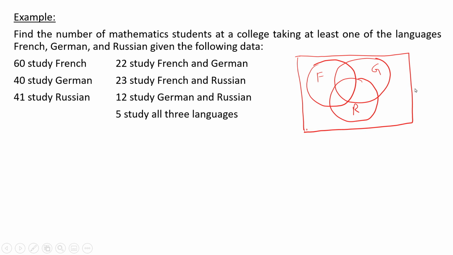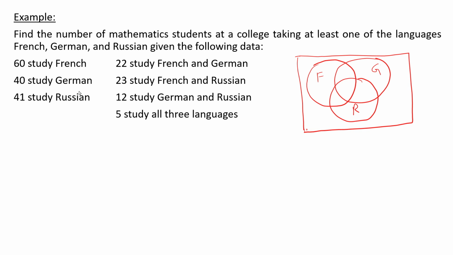Suppose F represents the set of students who study French, G represents the set of students who study German, and R represents the set of students who study Russian.